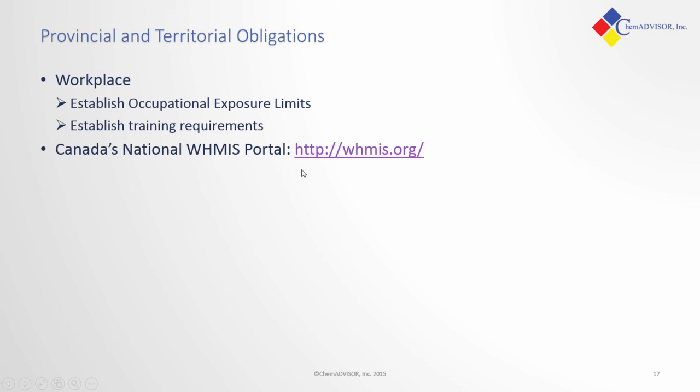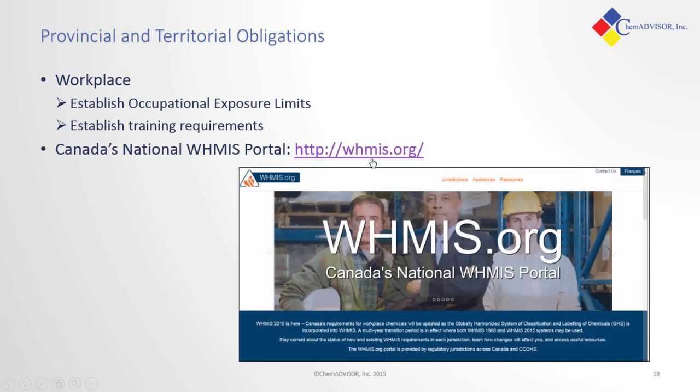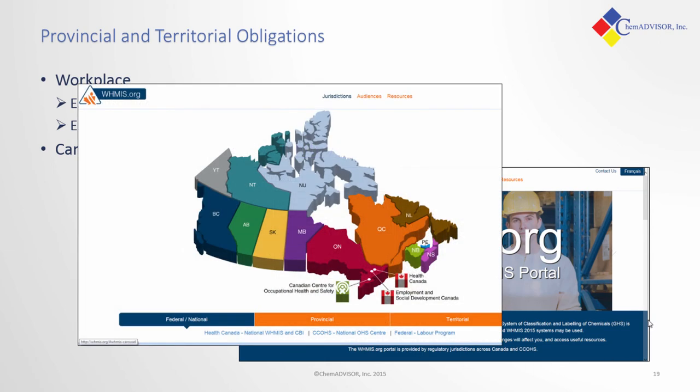Now, there is a website that has been developed called the National WHMIS Portal, WHMIS.org. And if you go to that website, this is the opening screen. If you continue on that website, you do get a map of Canada showing all the territories and provinces.